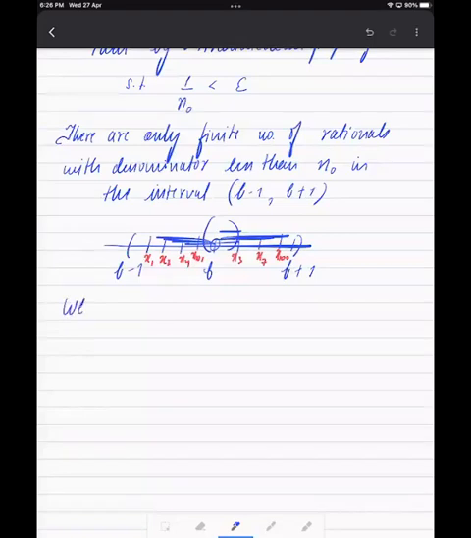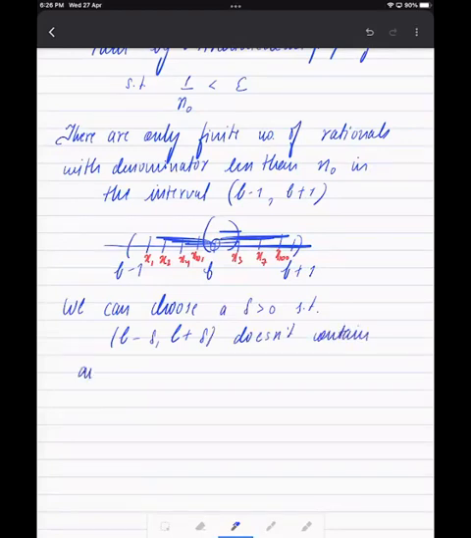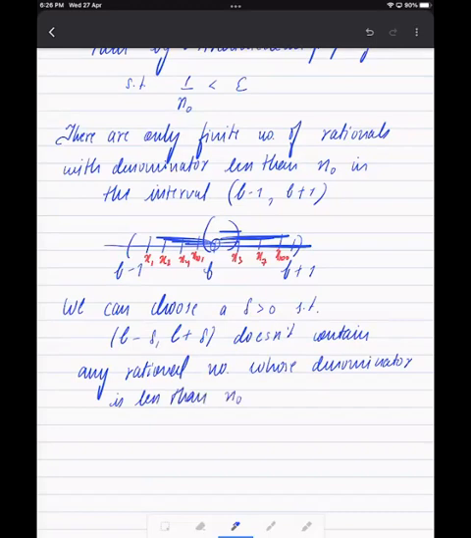We can choose a delta greater than 0 such that b minus delta and b plus delta doesn't contain any rational number whose denominator is less than n naught, because they were finite and we have excluded everything.